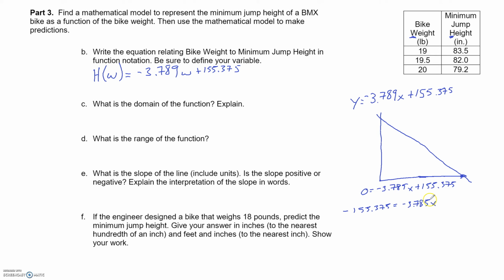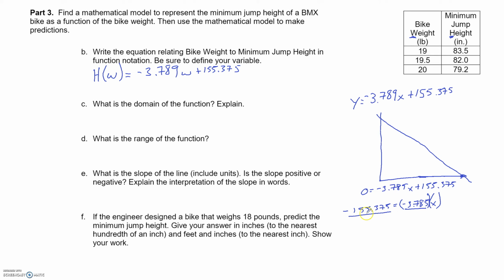Now, because we have a number times our x value, we're going to do the opposite to get rid of it. So I'm going to divide each side by negative 3.789.